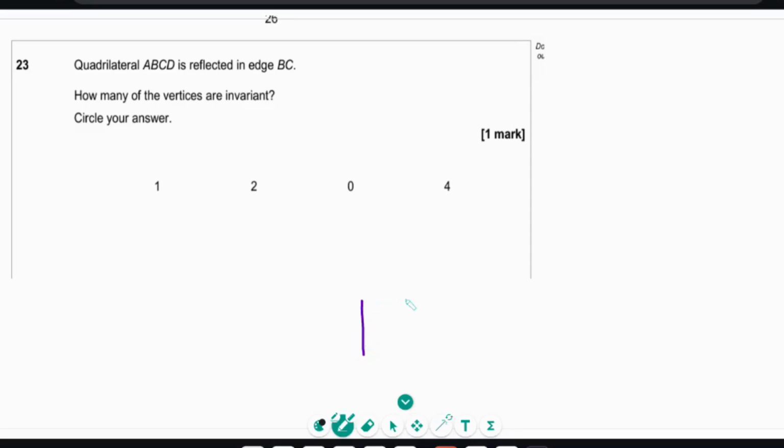Quadrilateral ABCD is reflected. Hang on. It doesn't really matter which way round your letters are. So it's reflected in the edge BC. So let me just change the colour.